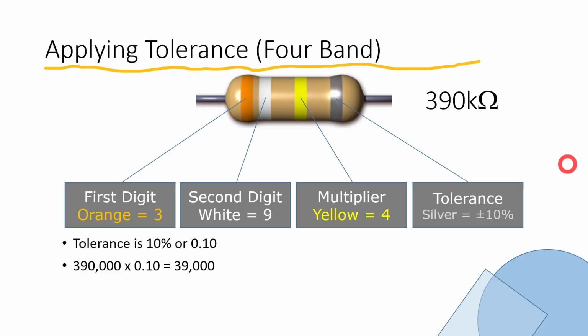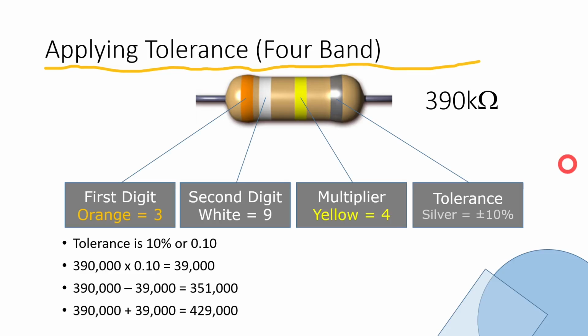So if we take 390,000 times 0.1, we get 39,000. Then we have to subtract that from our advertised value of 390,000, and we get 351,000. And we also have to add it, because remember, it's plus or minus 10%.